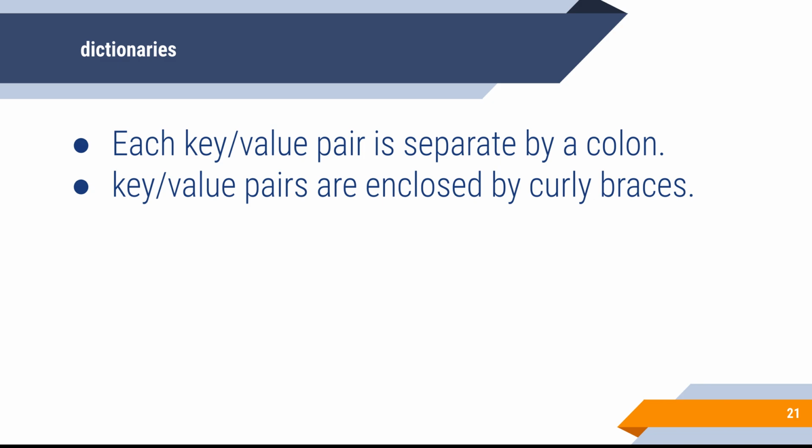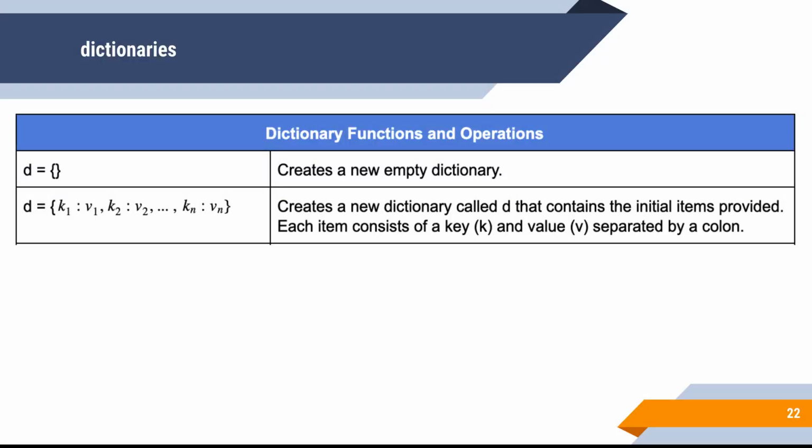All right, each key value pair is separated by a colon, and key value pairs are enclosed by curly braces. So the syntax looks a little bit different from what you've used before with lists. This time, instead of the brackets, we're going to use the curly braces. And to separate the keys and the values, you're going to put a colon in between. Similar to a list, to separate out the key value pairs, you're going to have a comma.